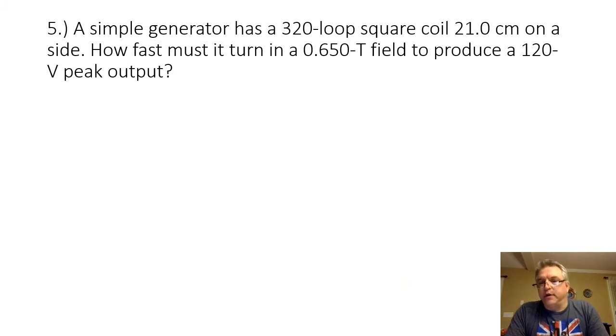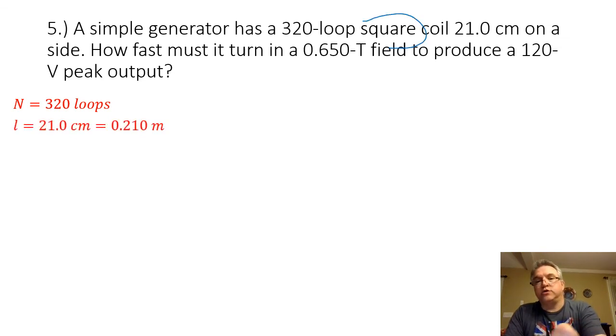Problem 5, another problem that deals with angular speed. We have a simple generator, has 320 loop square coil, 21.0 centimeters on a side. How fast must it turn in a 0.650 Tesla field to produce a 120 volt peak output? So again, we are given the number of turns at 320 loops, the length of a side, and again, we are working with a square.